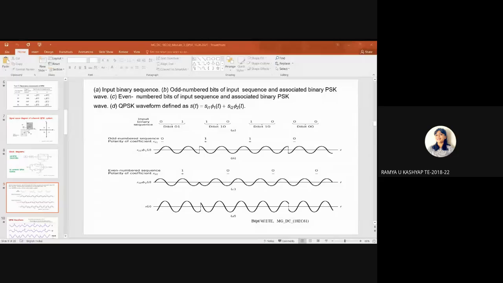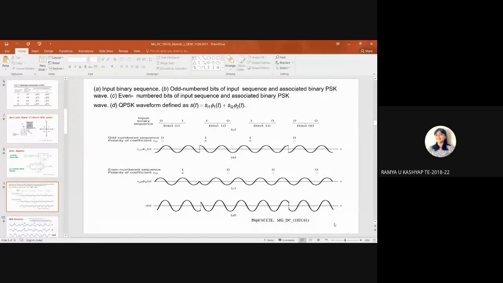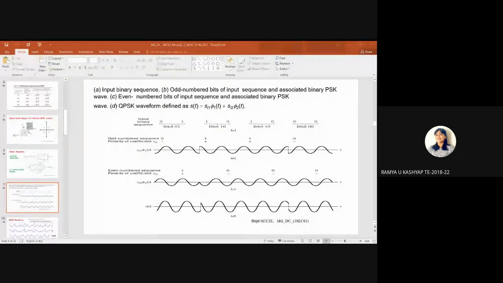We will be given the binary data. From the given binary data, we have to consider the even and odd bits. Here, 8 bits are given. We consider 1, 3, 5, 7 as the odd bits and 2, 4, 6, 8 as the even bits. Then we draw the waveform.